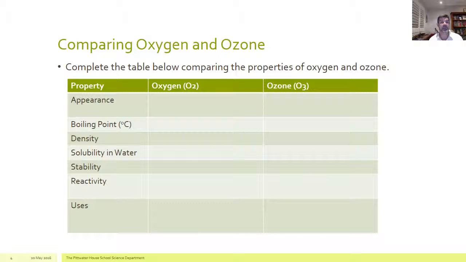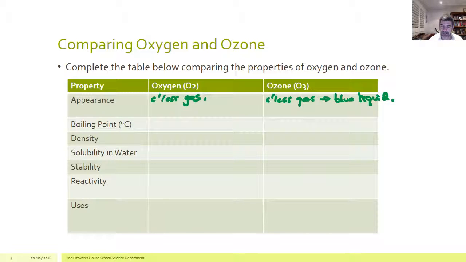What we need to do is make a comparison of the properties of oxygen and ozone. Now, this could be something that you could be asked to do, and if you are, then it's important not to worry too much about the absolute numbers, but more to look at the comparisons between them. So oxygen is a colorless gas, and ozone is also a colorless gas, but it can condense to form a blue liquid, which makes it slightly different to oxygen.